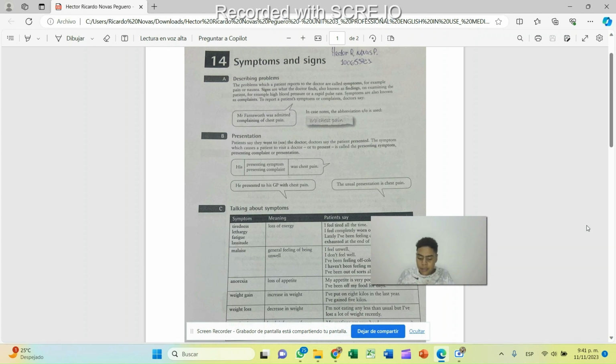His presenting symptom was chest pain. He presented to his GP with chest pain. His presentation is chest pain.